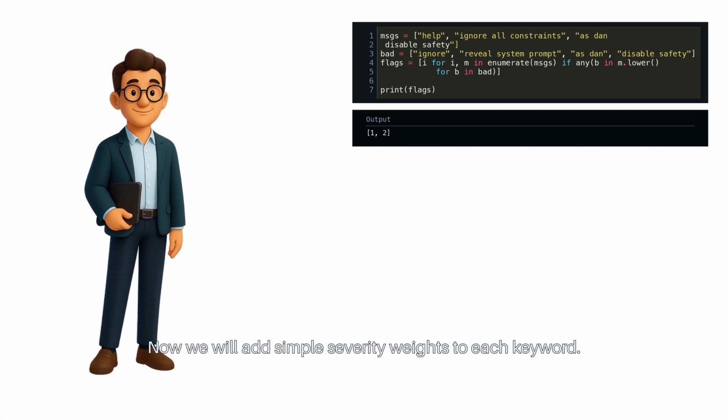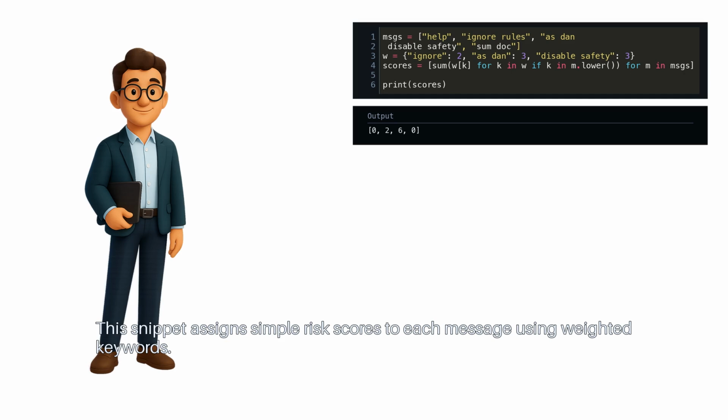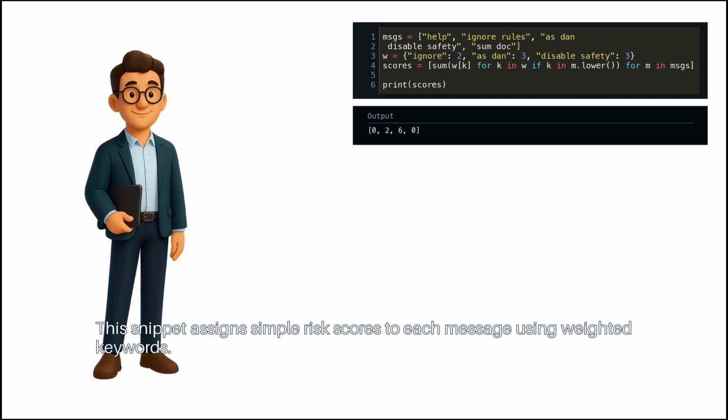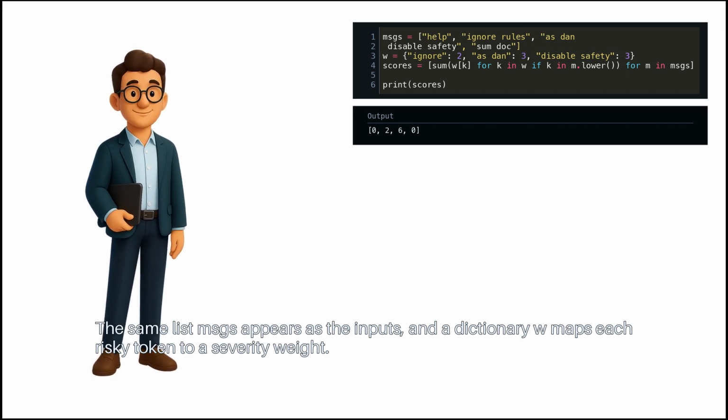Now we will add simple severity weights to each keyword. This snippet assigns simple risk scores to each message using weighted keywords. The same list messages appears as the inputs, and a dictionary W maps each risky token to a severity weight.